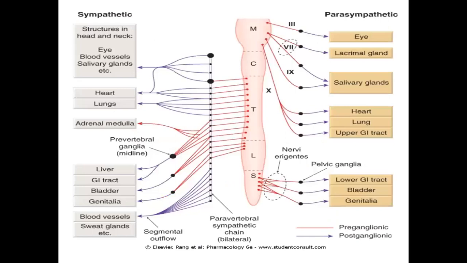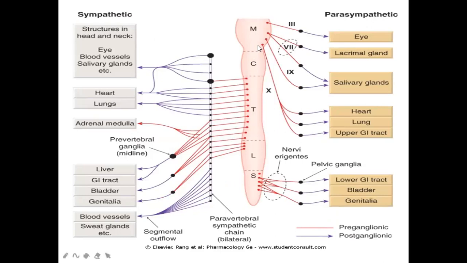Okay, if you look at this slide, on the right hand side we have the parasympathetic division, and on the left hand side we have the sympathetic division. So this parasympathetic nervous system exits from what is called the craniosacral outflow.